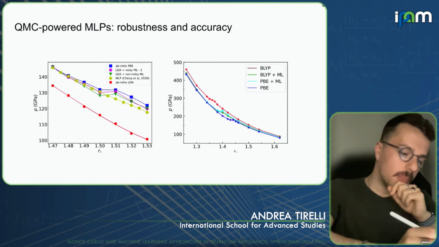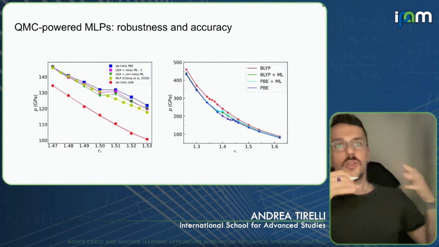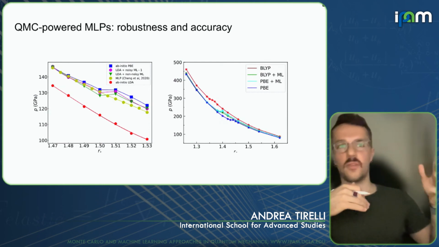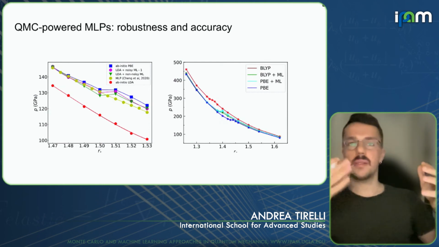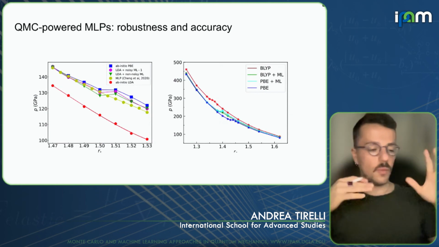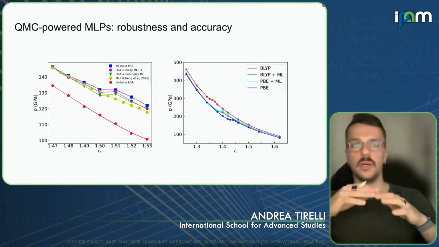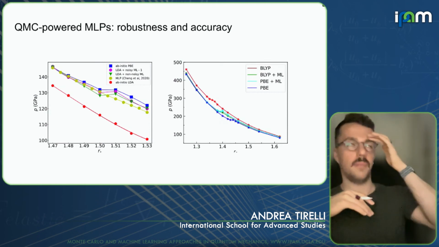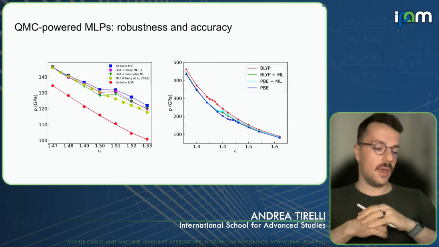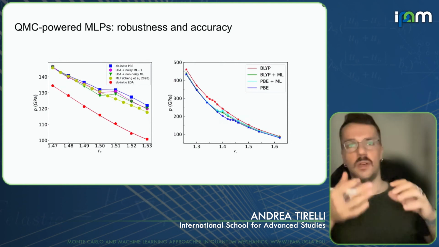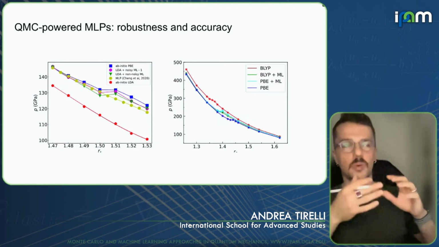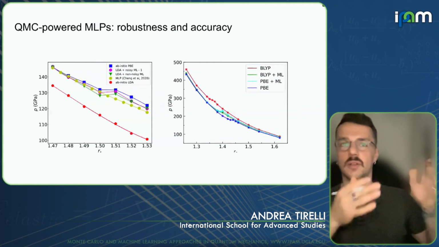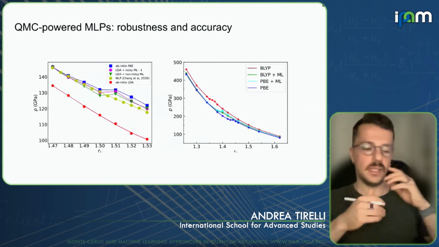So what we then did, in order to assess again the robustness of the models with respect to the presence of noise, is we introduced some artificial Gaussian noise to the PBE observables. The order of this noise was comparable to the average noise that we had on our VMC data.